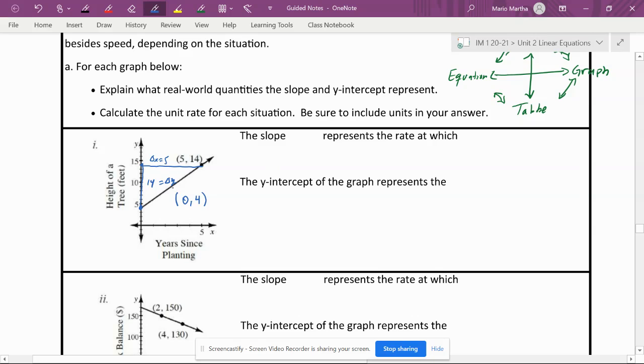So the slope, which is delta y over delta x, so 14 over 5, represents the rate at which the tree grows in feet, right? How much the tree is growing. The tree grows in feet every year since planting.